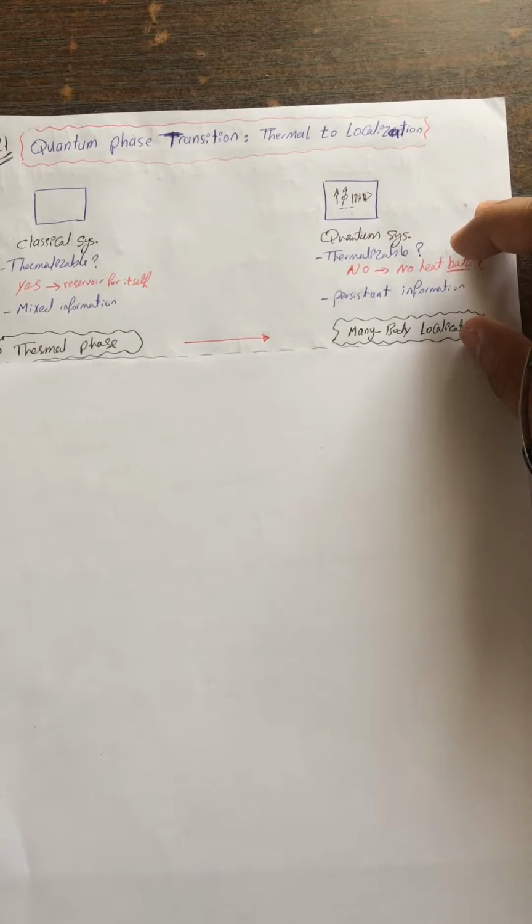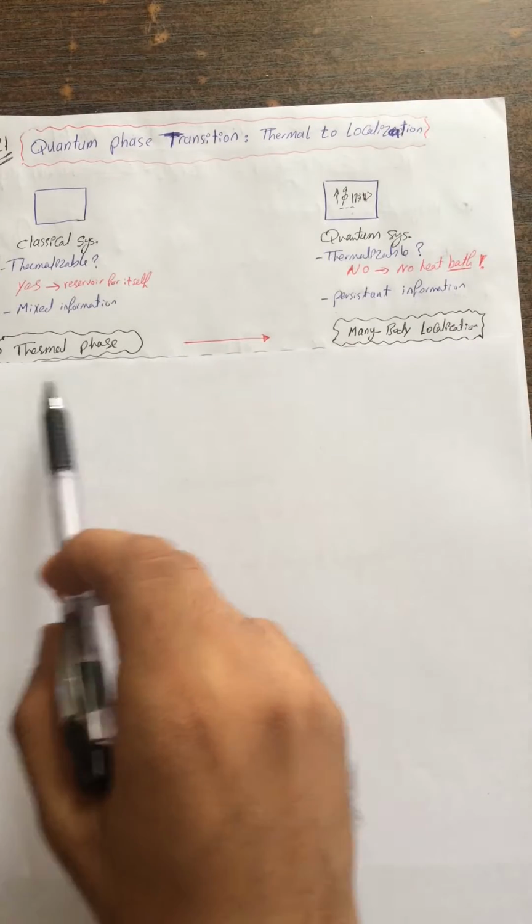So let's see something about this interface between the classical description of matter, or quantum description actually. From the perspective of the thermalizing effect, if you have a thermal phase and you start to compare it with what we call many-body localization, and we will see what exactly this many-body localization is once we talk about quantum systems.